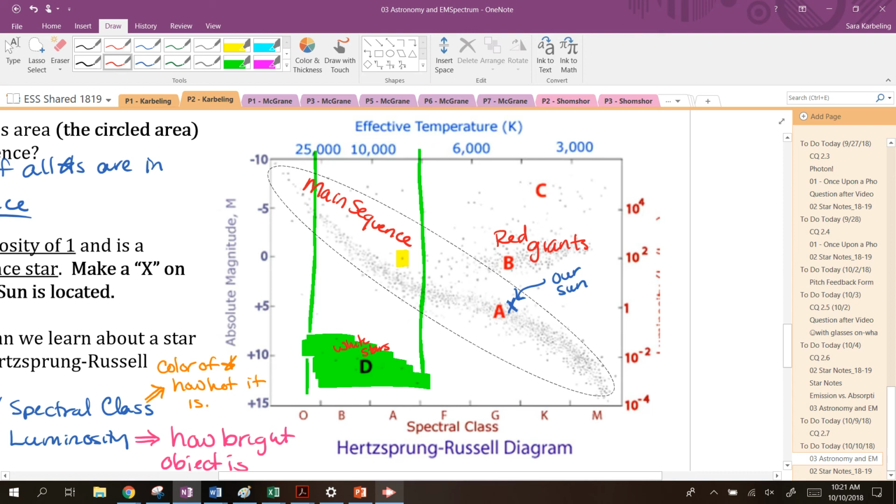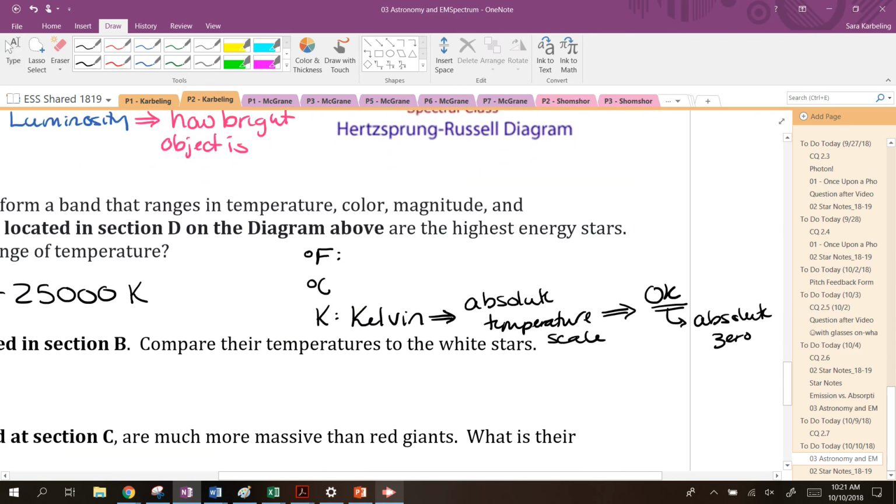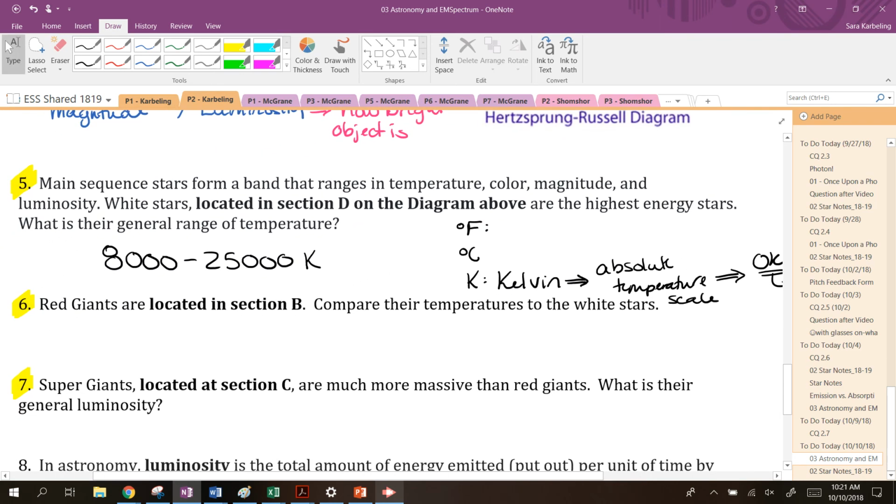Tell me about the temperature of the red giants as compared to those of the white stars. Red giants are a lot colder than the white stars. So the red giants are much cooler than the white stars.